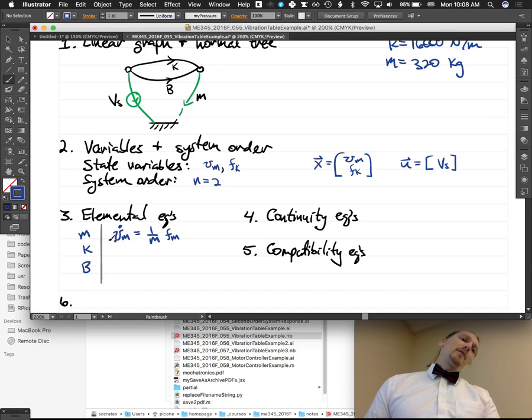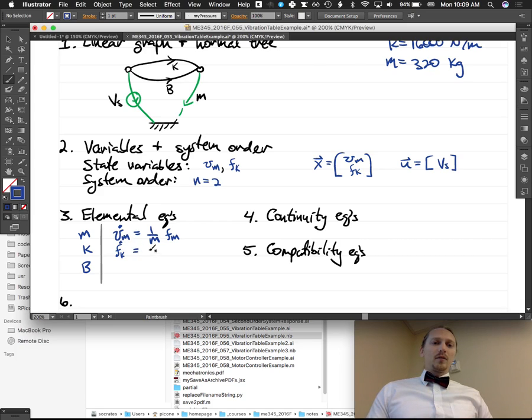It's F equals MA, but it's rearranged so that A equals 1 over M times F. I am using dot notation in this problem. Yay for dot notation. What about for the spring? Hooke's law, right? Time derivative of Hooke's law: F-dot K equals K times V K.